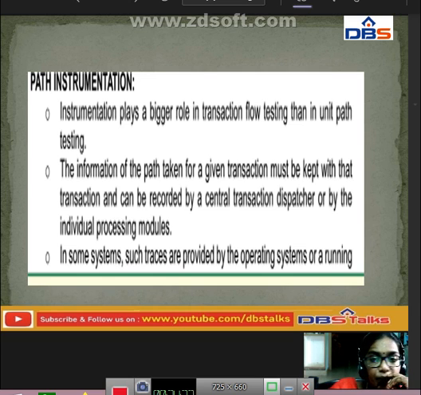The information of the path taken for a given transaction also must be kept with the transaction and can be recorded by the central transaction dispatcher or by the individual process modules. Basically the information of the path should also be taken from the given transaction and kept with the transaction, and it will be automatically recorded by the central transaction dispatcher or by the individual processing modules.